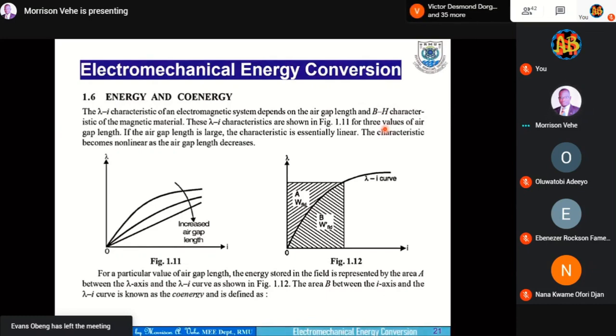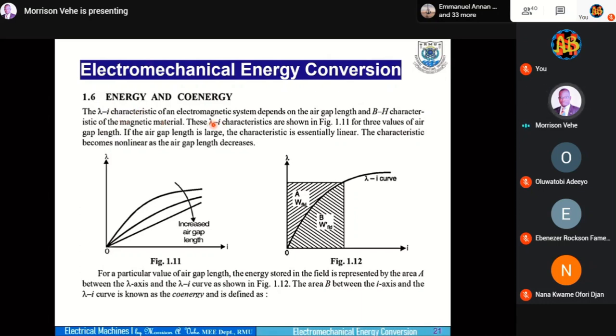What is the measure of the magnetic flux within some unit area? What is the intensity of it? These are the things that we can talk about if we are looking at the lambda-I characteristics.